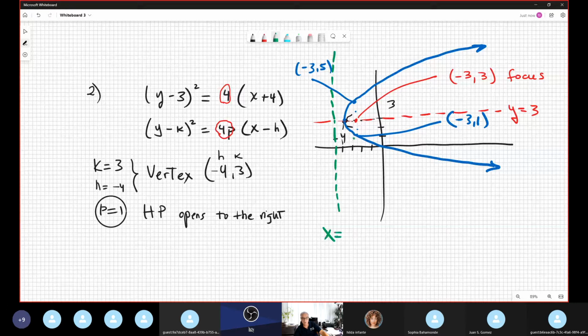This something is obvious: this is -4, and 1 to the left is -5. Boom. Final answer. This is the directrix. Equation, line, sketch. This is the axis of symmetry.